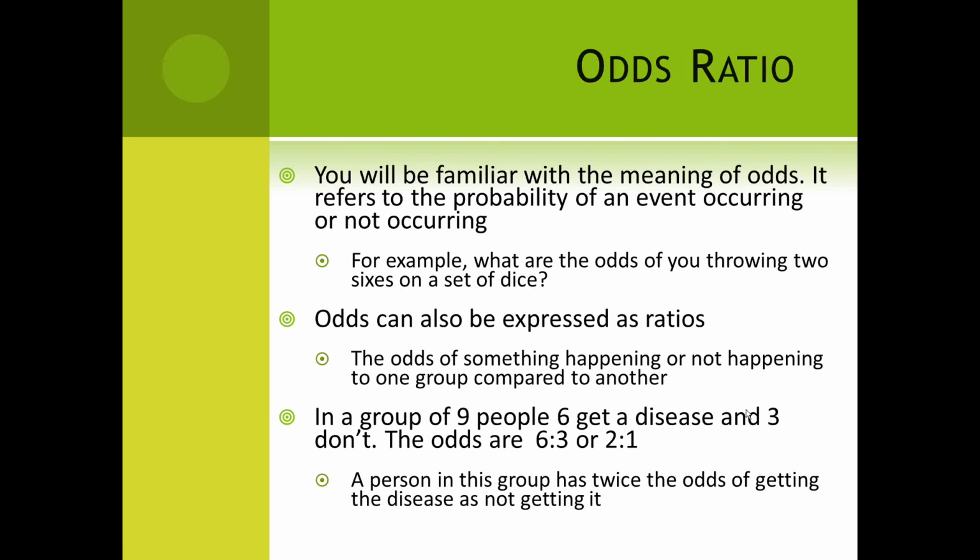So in a group of 9 people, if 6 get a disease and 3 don't, the odds are 6 to 3, and that can be reduced down to 2 to 1, or even down to one number if you divide 2 by 1, which is 2. So that is, a person in that group has twice the odds of getting the disease as not getting the disease.